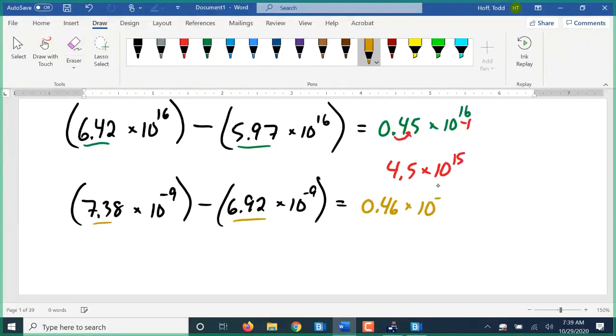We keep that same name, times 10 to the negative 9th. So once again, we move that decimal point over to make that 4.6. The number got larger, the power gets smaller. So negative 9 minus 1 is a negative 10. That's 4.6 times 10 to the negative 10.